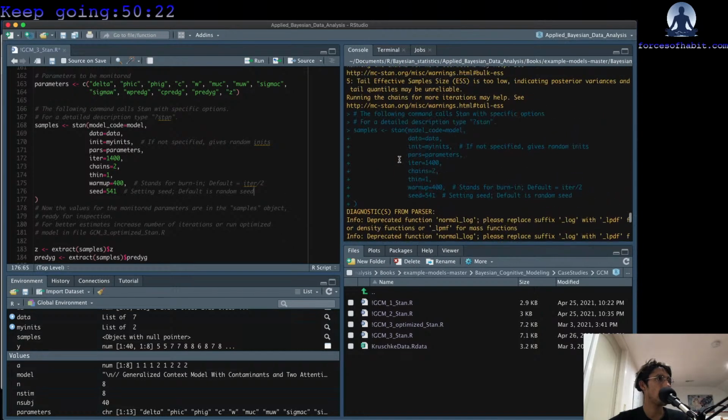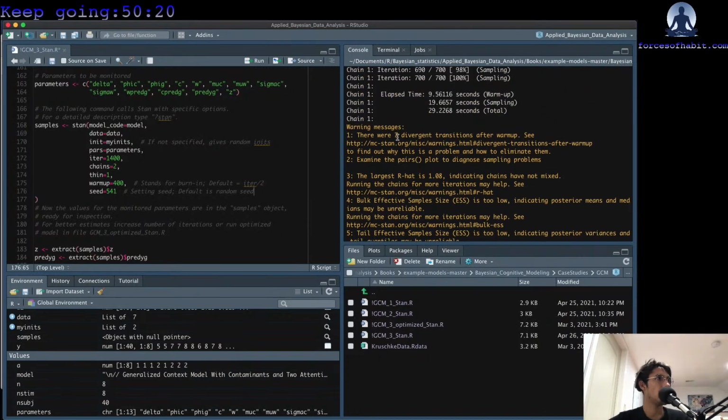So there I got indication of divergent transitions, which indicate that the Hamiltonian Monte Carlo simulation is not aligned.